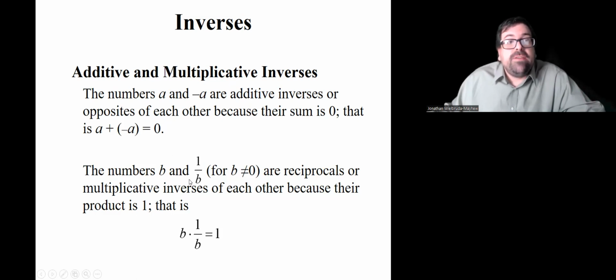Recall that multiplicative inverses is the same as reciprocals, b and 1 over b. And recall that we can multiply reciprocals together and get 1, 1 being the identity element for multiplication.